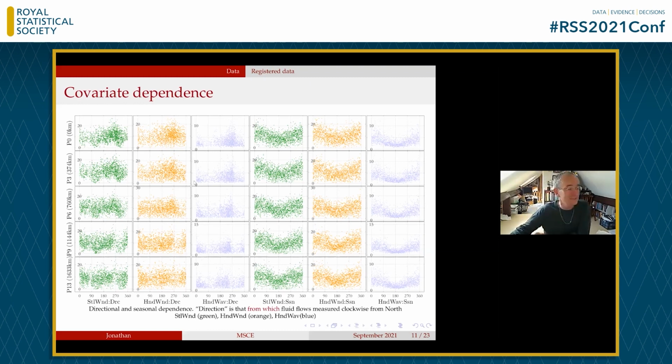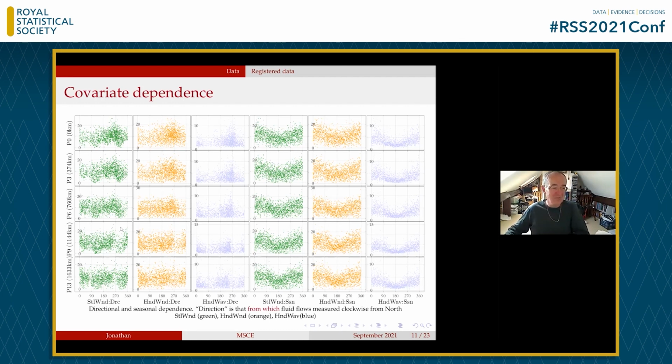On the left-hand side, we have the directional variability. You can see the westerlies here, 270 degrees, which are prominent in significant wave height. They tend to be there at these locations for the hindcast and for the satellite wind speeds. But you can see that the characteristics are changing as we move between the UK and Iceland.